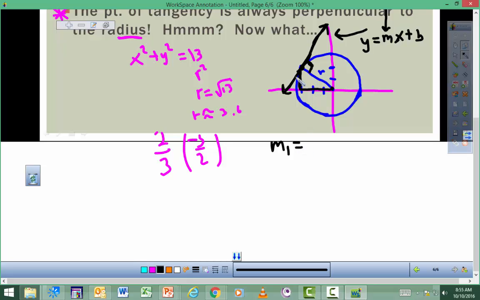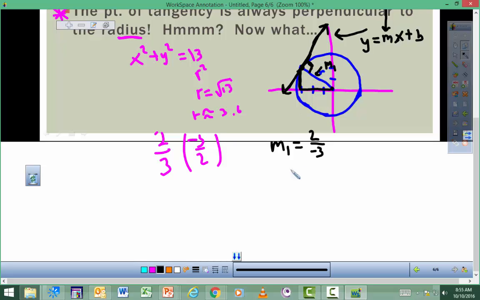And so slope number 1 is this one. The rise was 2 and the run was -3. So there's slope number 1.